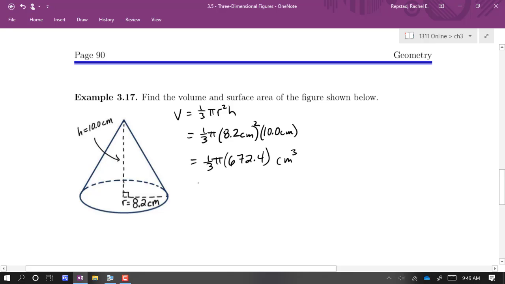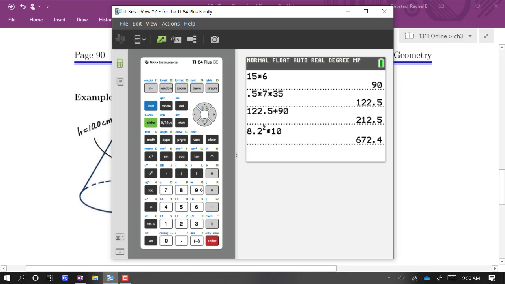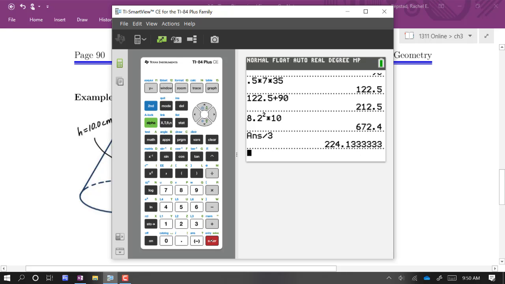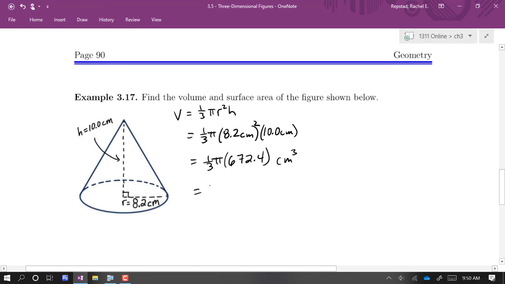And then, let's see, in terms of pi, I'm going to take the 672.4 and multiply it by 1/3, or divide by 3. And that's 224.133. So in terms of pi, that's what we have, 224.133 pi, and then we can approximate.